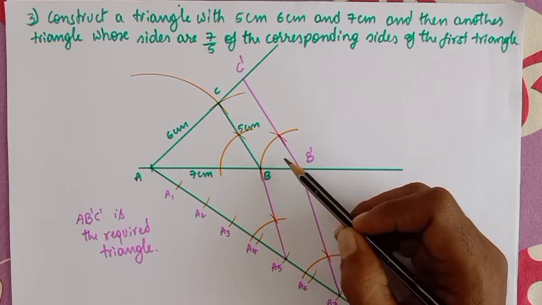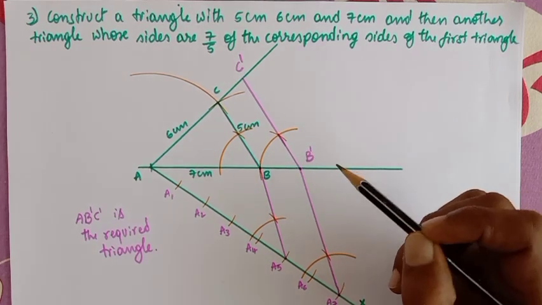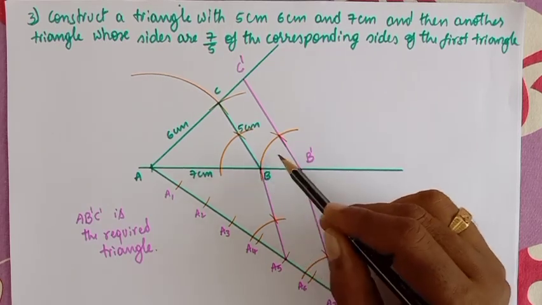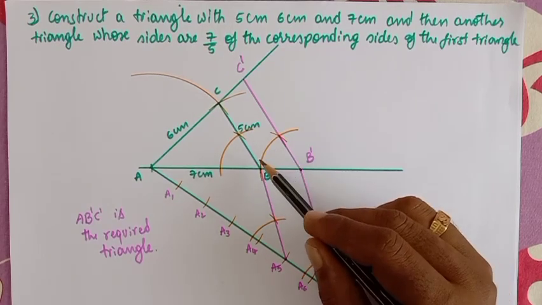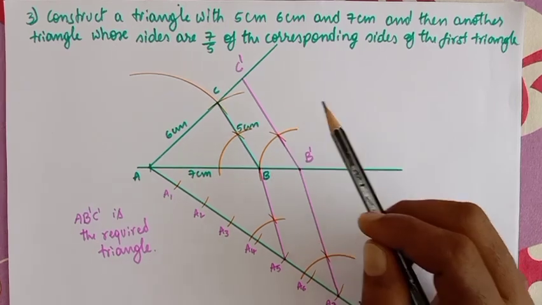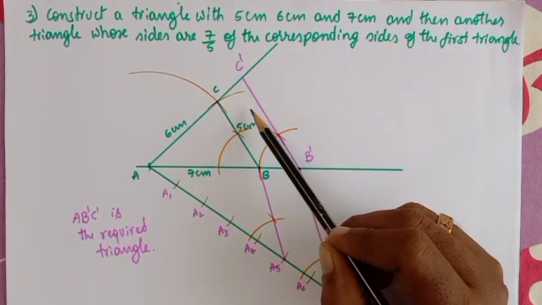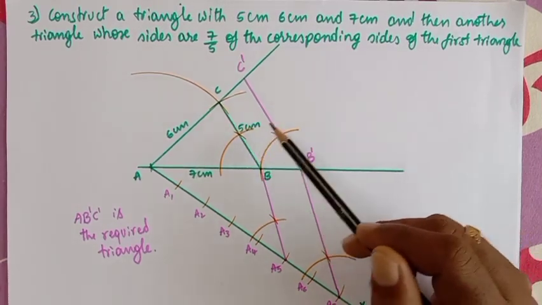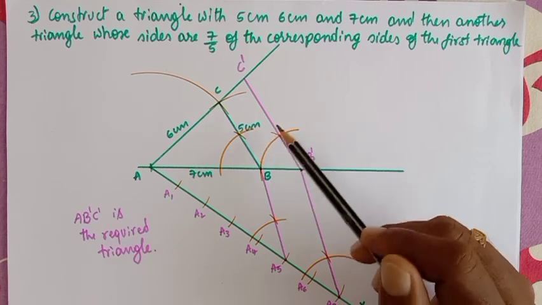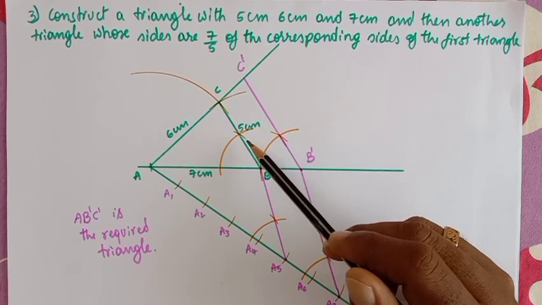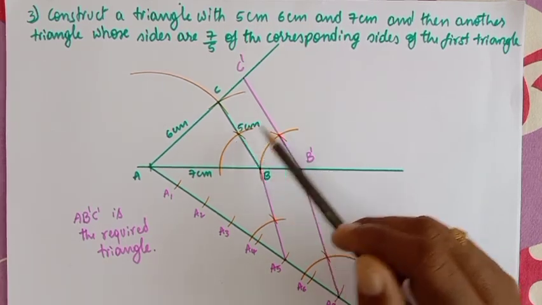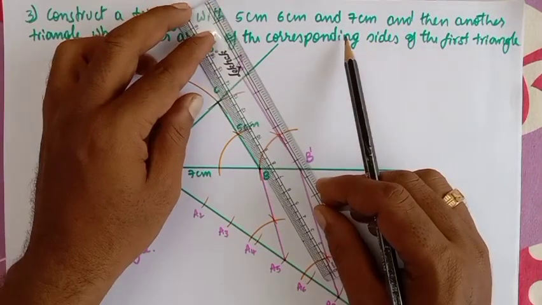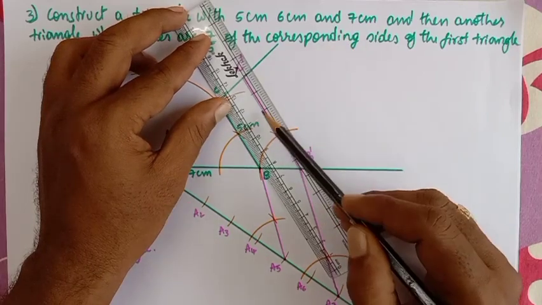In few cases it may slightly vary, but it will be nearly equal. Then only you can confirm that what you have done is correct. And even the simple thing is these two lines will be parallel to each other. From the eyesight only we can make a quick check by seeing whether these two lines are parallel or not.